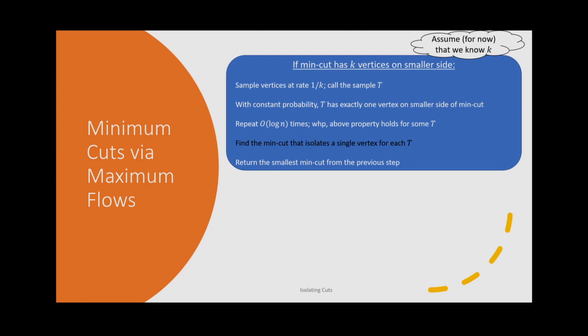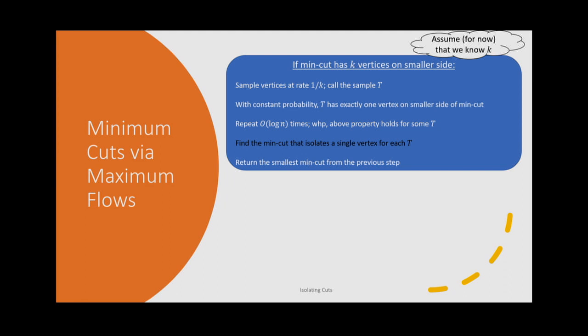I sample vertices at probability 1 over k, and I'll repeat this whole process log n times. This sample now is not 2 vertices, it can have more vertices. But if it was a good sample, so it has exactly one vertex on the smaller side, then what do I really need to find?